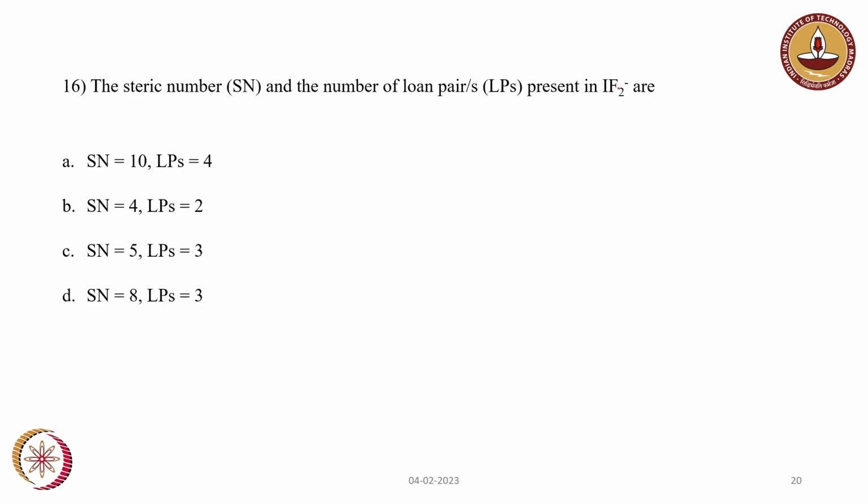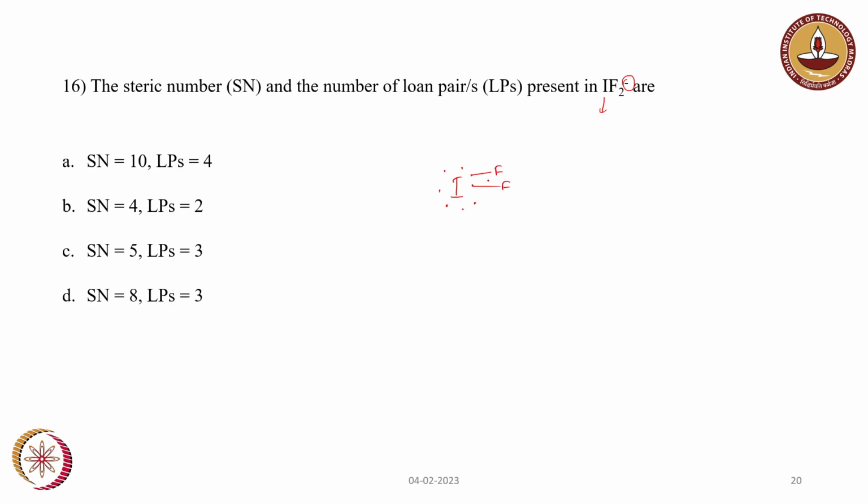So in IF2 minus we can take iodine as the central atom. Iodine is in the halogen group, so it will have 7 valence electrons: 1, 2, 3, 4, 5, 6, and 7. And it is given a negative charge, so we can add that negative charge as 1 electron to the central iodine, and 2 fluorine atoms are bonded.